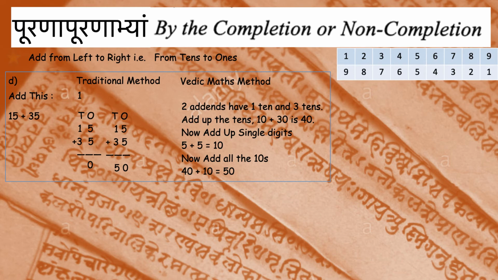In school, we have been accustomed to adding from the units place to the highest order, in the reverse manner, right? So this is a shift in thinking that comes only by practice. We are doing it from left to right, highest order to the units place.